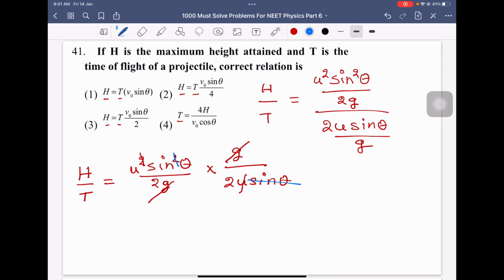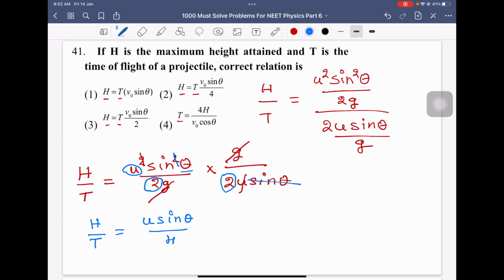So what is remaining here? 2 is remaining, another 2 is remaining, and u sine theta is remaining. So h by t is u sine theta divided by 4.